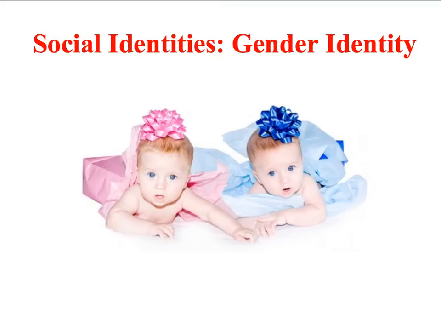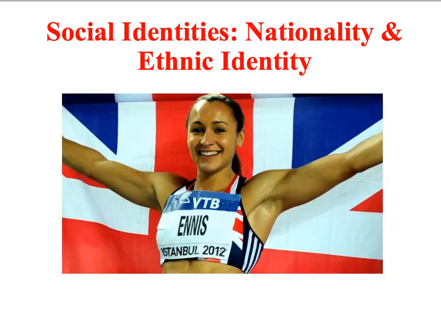Sociologists would argue that these gender identities are learned and vary quite a bit from culture to culture. In the screencast on socialization, we talked about how gender roles are acquired through a process of primary and secondary socialization.